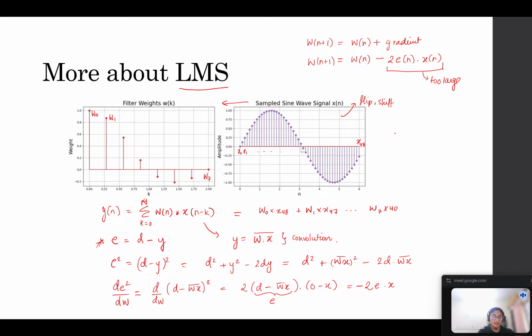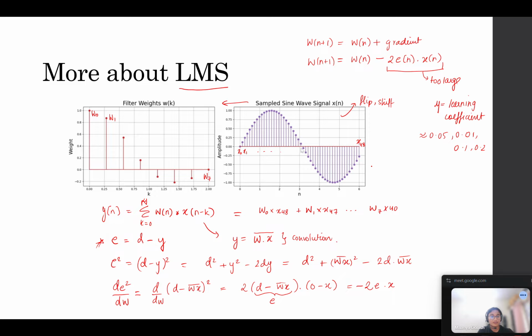So what we do here is multiply this with mu, which we know as the learning constant or the learning coefficient. This is a very small value, say about 0.05, 0.01, 0.1 or 0.2 depending on the system.